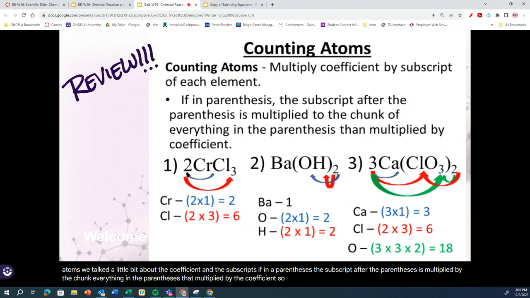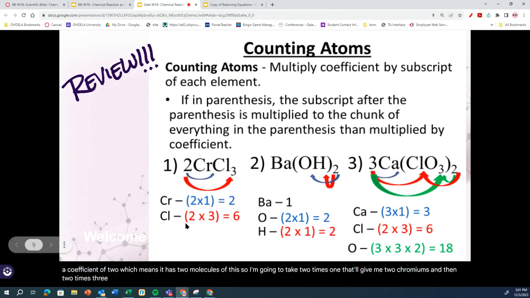So if you think about this, chromium chloride, CrCl3, and it has a coefficient of 2, which means it has 2 molecules of this. So I'm going to take 2 times 1. That'll give me 2 chromiums. And then 2 times 3, that'll give me 6 chlorines.